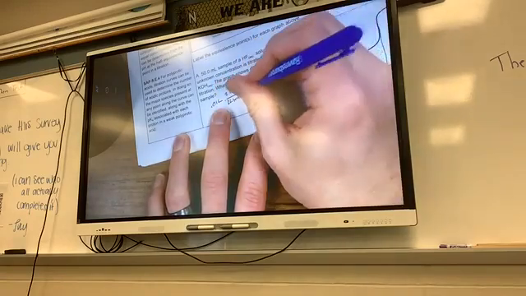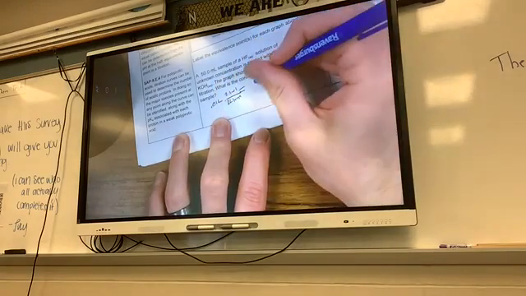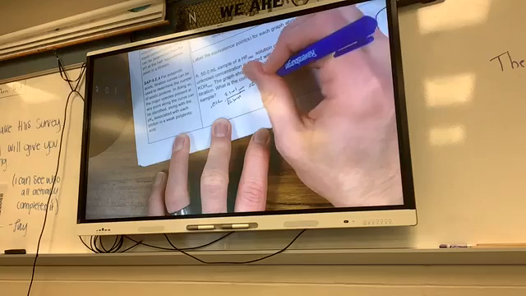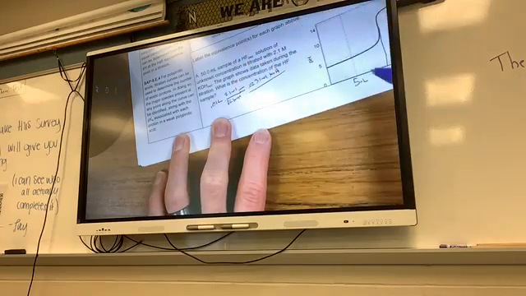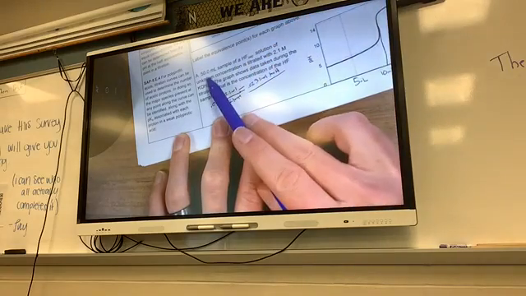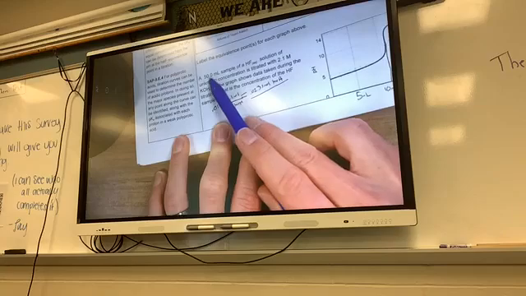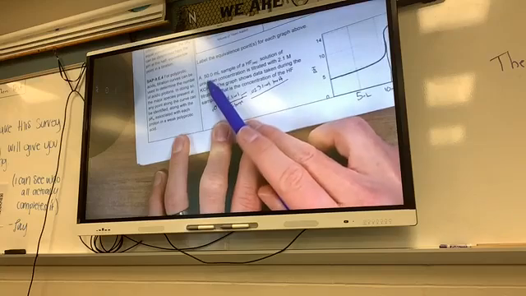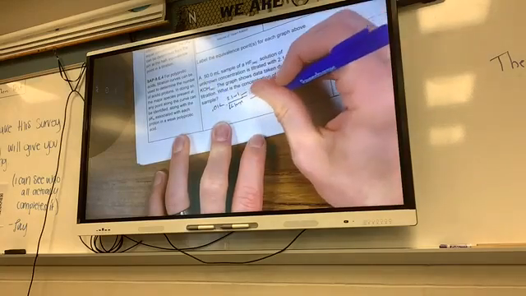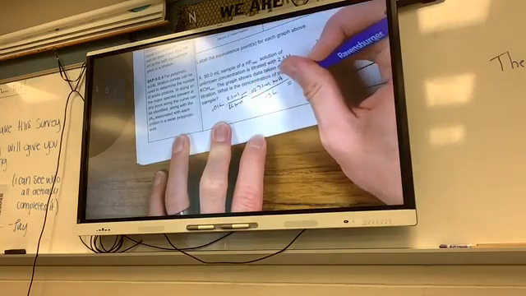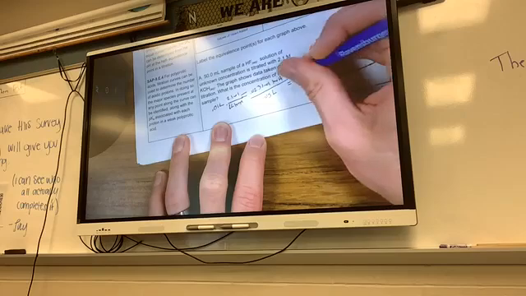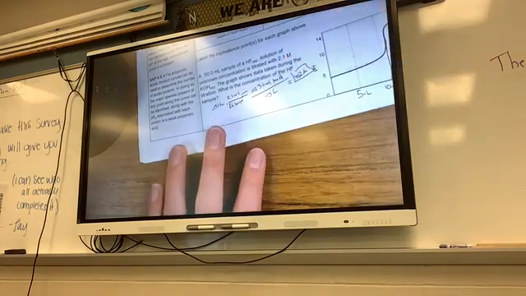That will equal 0.0231 moles of KOH, divided by how much did I start with? Divided by 50, which is 0.05 liters. So that gives me 0.462 molar.